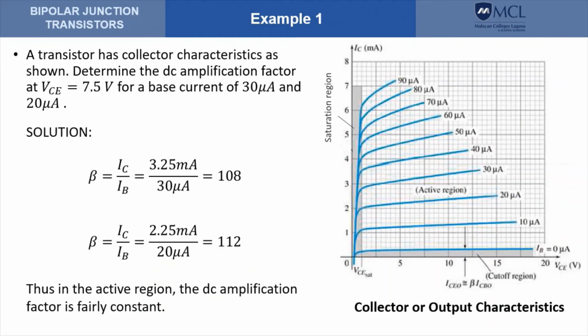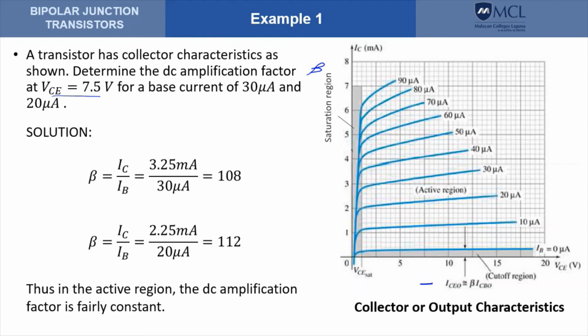So let us have a simple example to illustrate the output characteristic. Here we have the output characteristic, and we are to determine the amplification factor beta at V sub CE equals 7.5 volts.